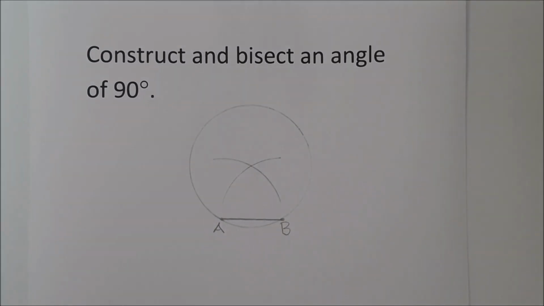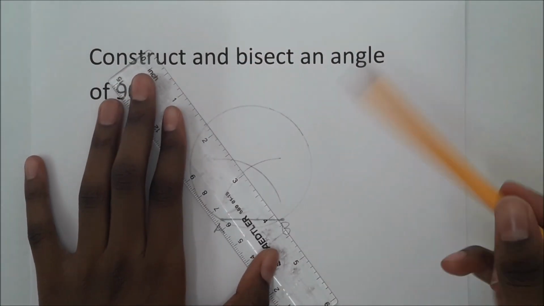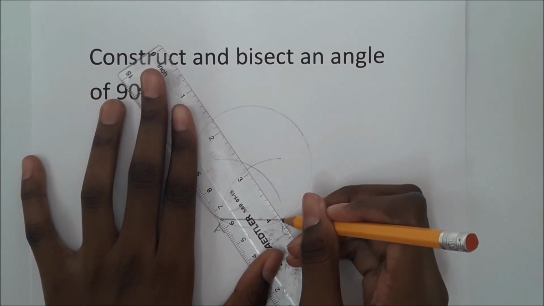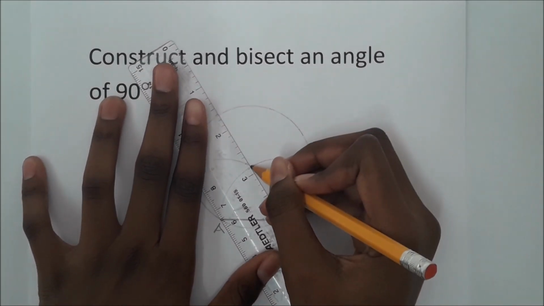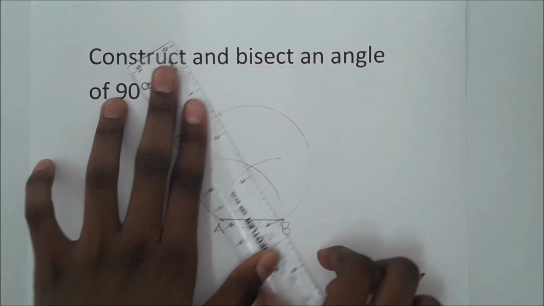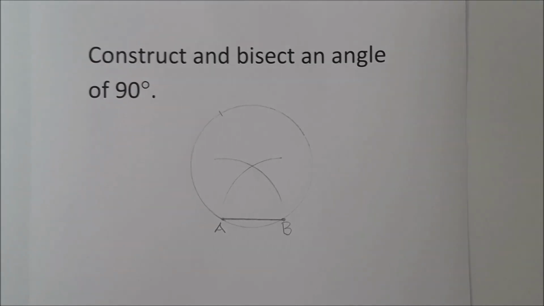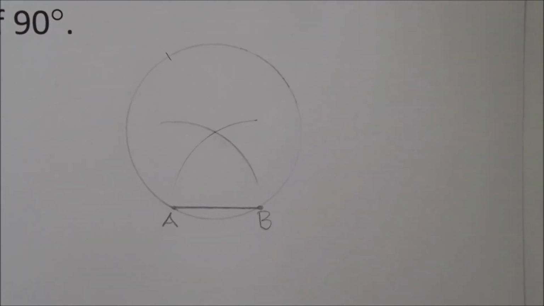Gotcha. Ruler. From point B, get your pencil and ruler. Then place it from point B through where the two arcs intersect, and put a mark on the circumference of the circle. Let's check it. Okay.